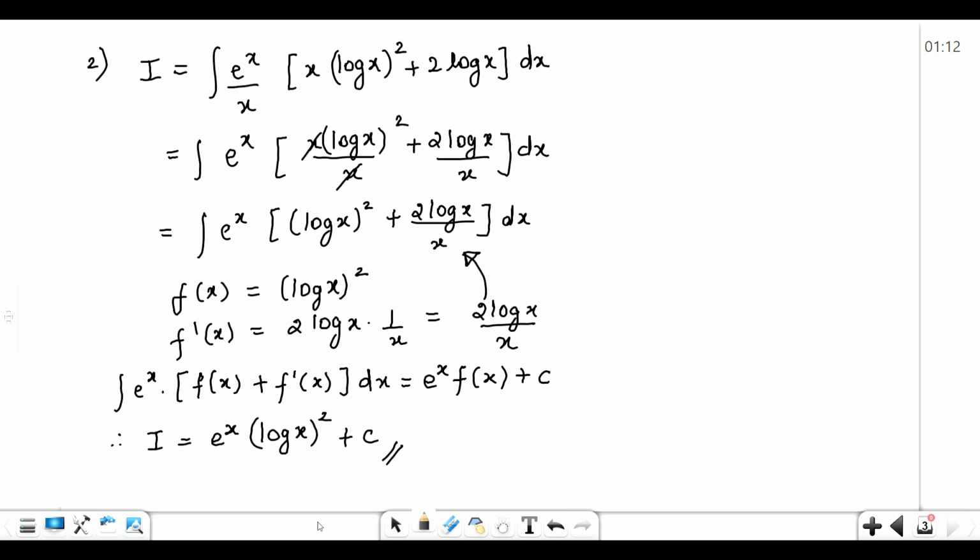The only idea is to keep the e raised to x aside and take everything inside the bracket. Then solve it, and you will have to identify which function we have to take, so that the derivative should give the other function that is already present. Okay, got it. Now we shall take the next simple problem also.